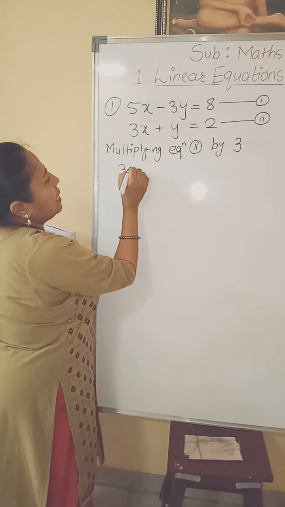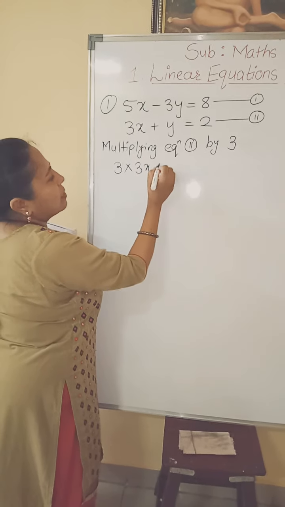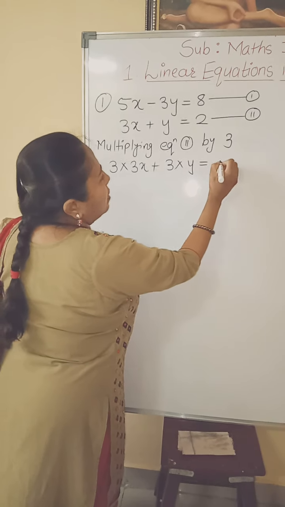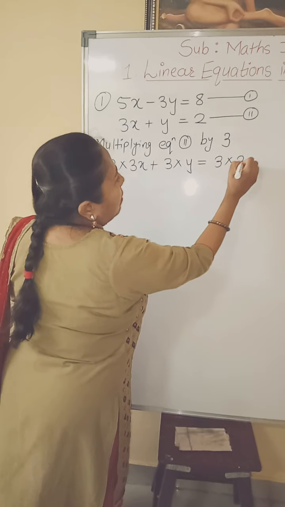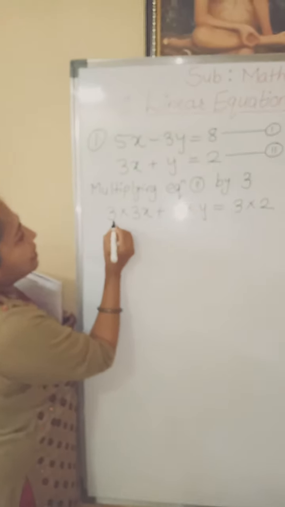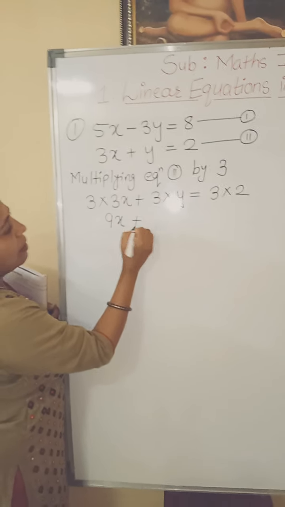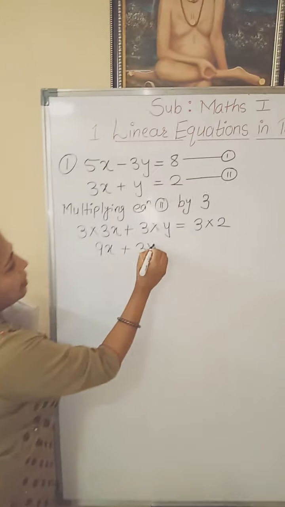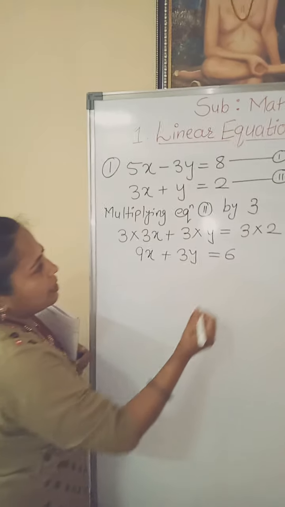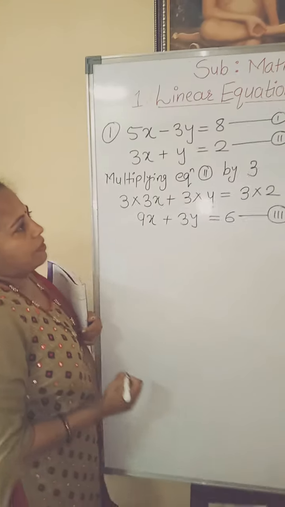So 3 multiplied by 3x plus 3 multiplied by y equal to 3 multiplied by 2. So we will get the new equation, 3 3s are 9x plus 3y equal to 3 2s are 6. This is our new equation number 3.